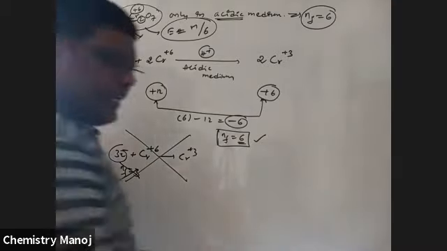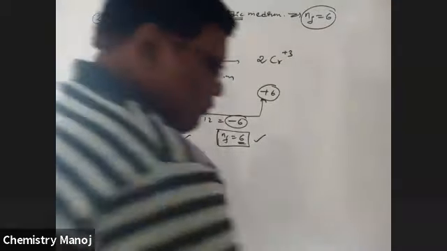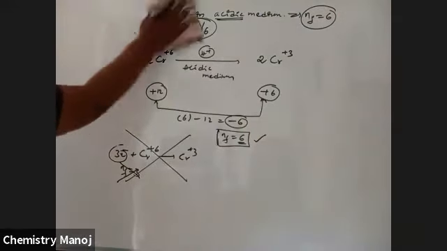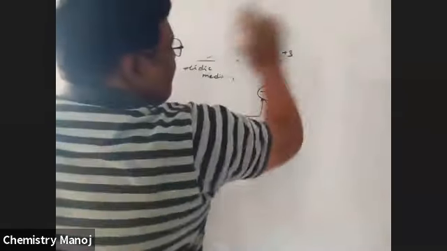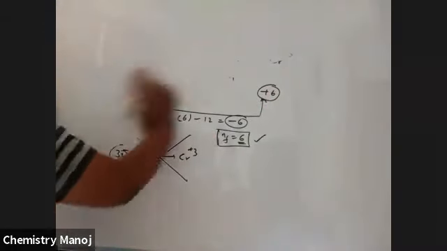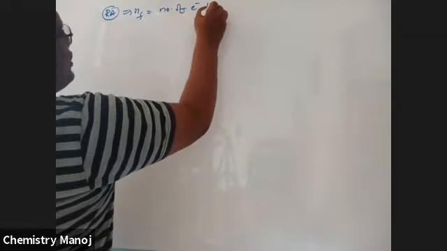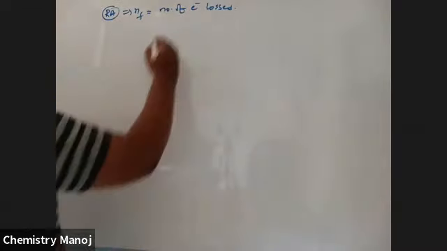Now let us take reducing agents. For reducing agents, n factor is equal to, reducing agent means itself oxidized, so n factor is equal to the number of moles of electrons lost.